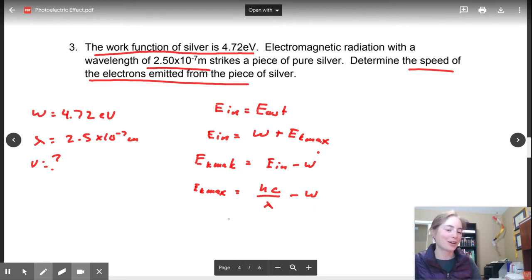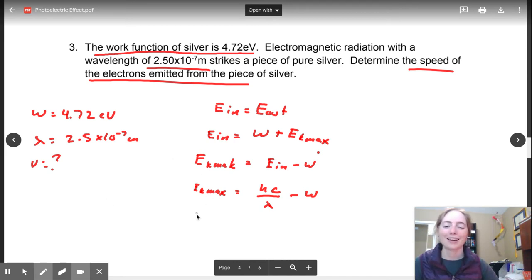I know some of you guys love doing that, so we're going to do this a couple different ways. I'm going to solve this first by finding EK max, and then putting that into 1/2 mv squared. And then after that, just for fun, because we can, we will put 1/2 mv squared in here, and we'll just rearrange the formula, because why not?